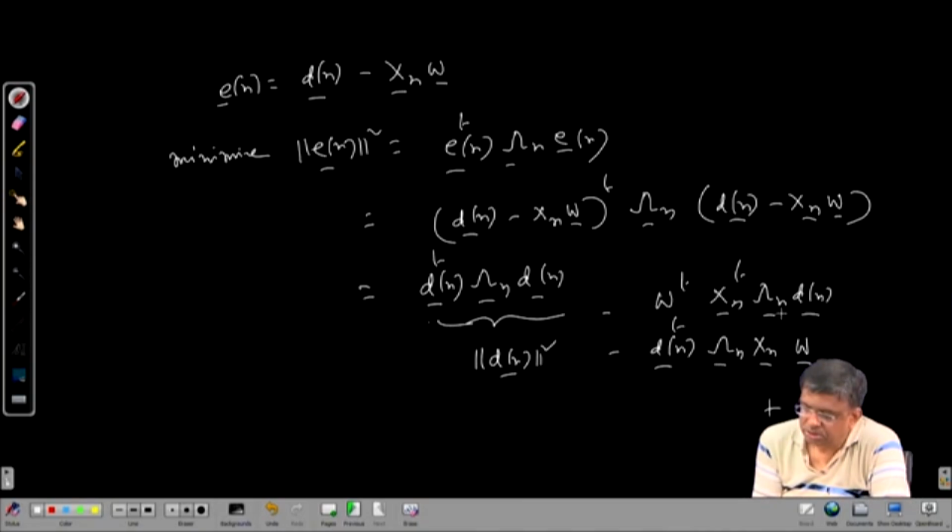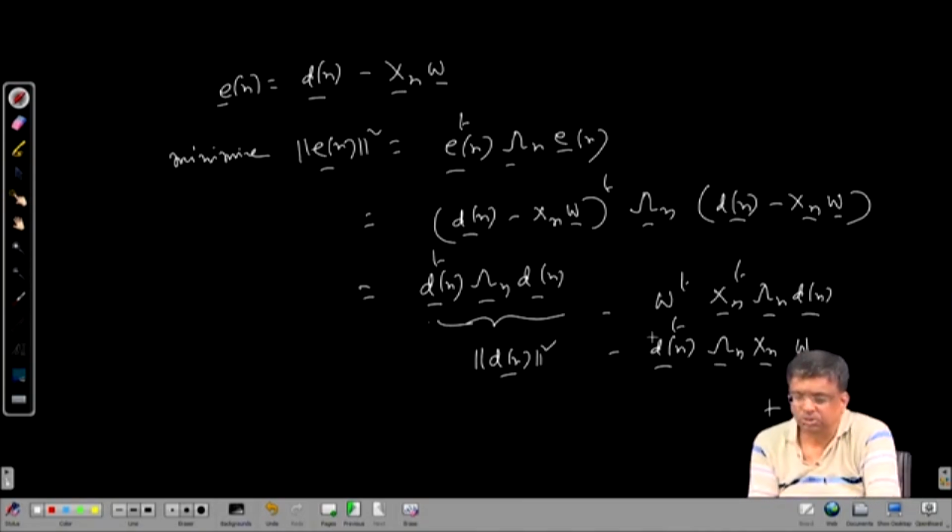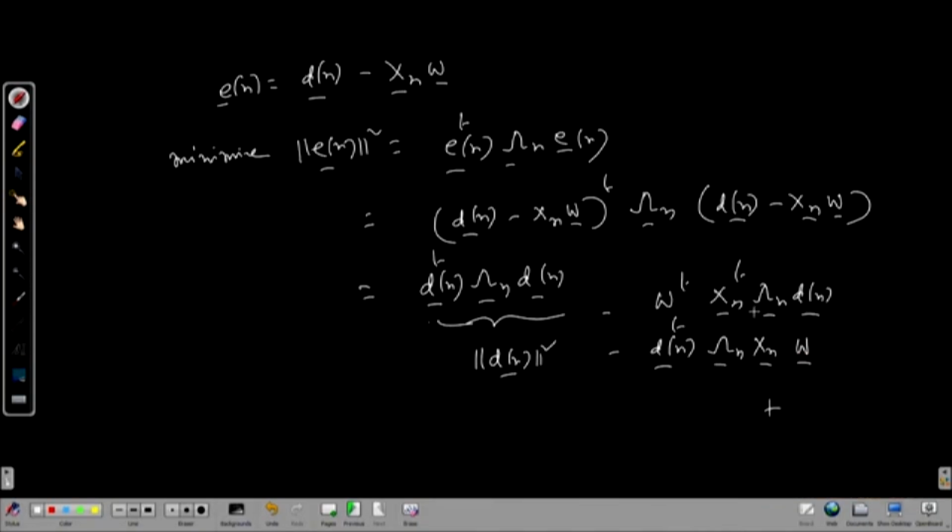Plus, but before that, as I said earlier, these two terms both are scalars. These two terms are the same because both are scalar and one is the transpose of the other. If you take the transpose of this, W transpose comes first and the transpose of this means x n transpose, then this transpose, but this is a diagonal matrix, its transpose is itself, then d n transpose which is d n. So both are the same. Okay.